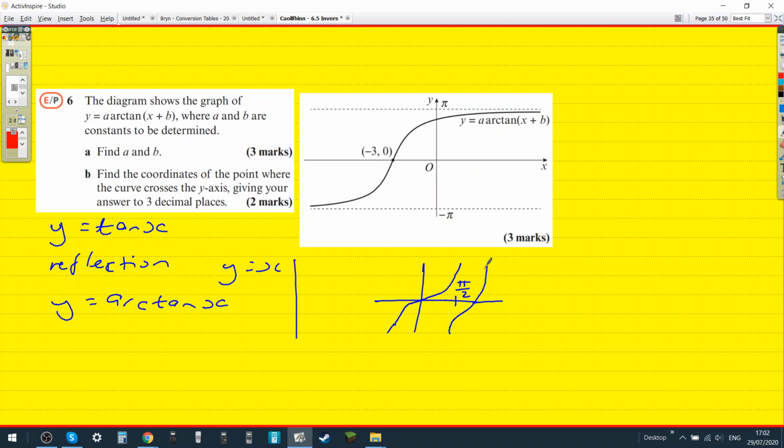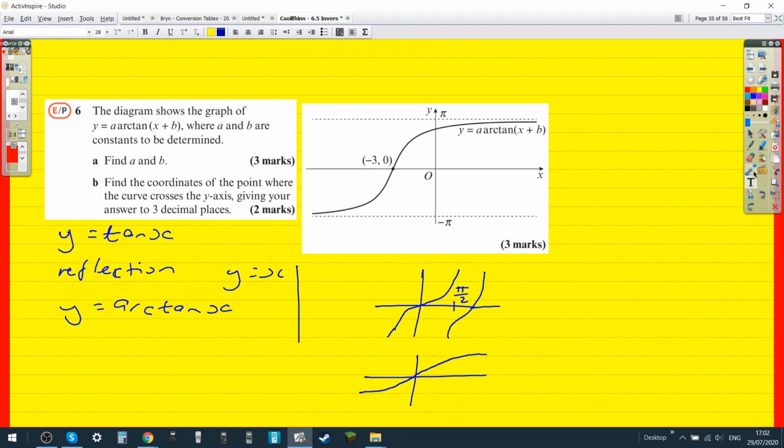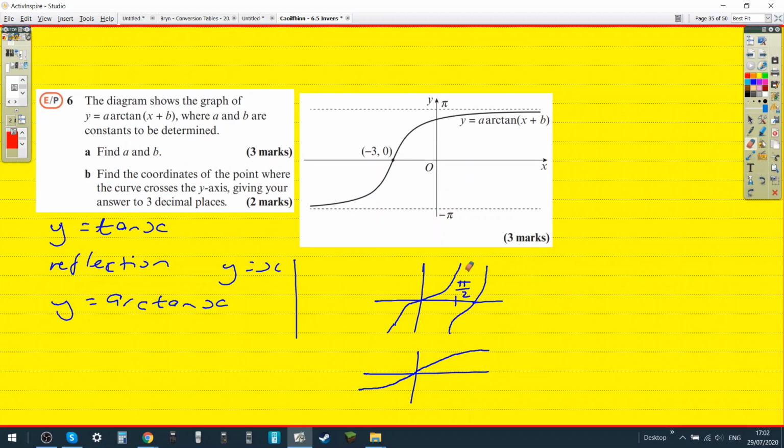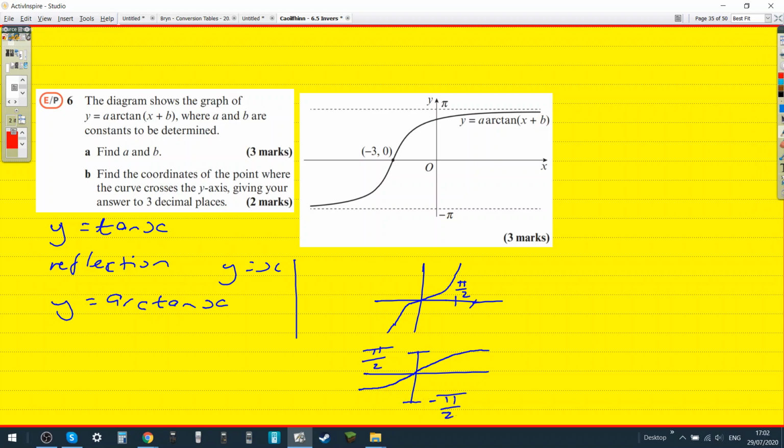Yeah. Okay. And so if we were to swap those around, I believe it would look like that. And its asymptote would be y equals pi over 2 instead of x equals pi over 2. So that's pi over 2. That's minus pi over 2.